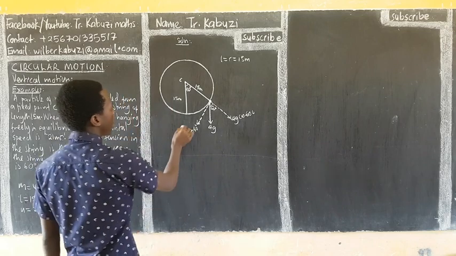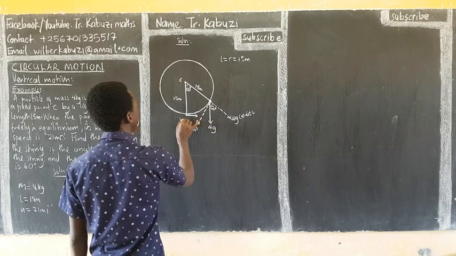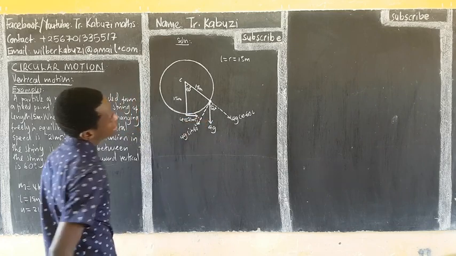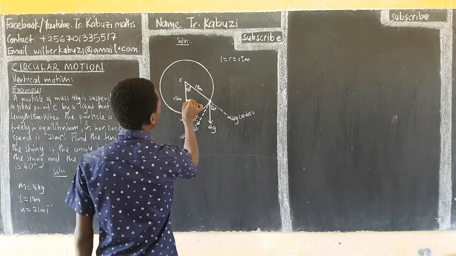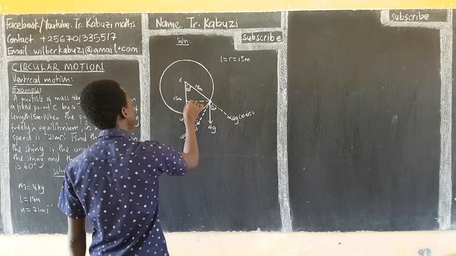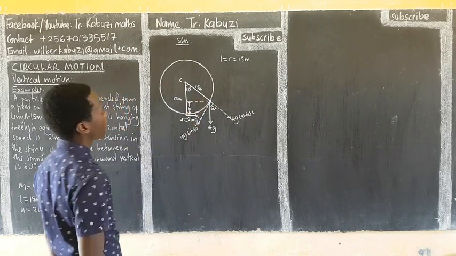The velocity u here is 21 meters per second. We shall also have a height moved by this particle from here.